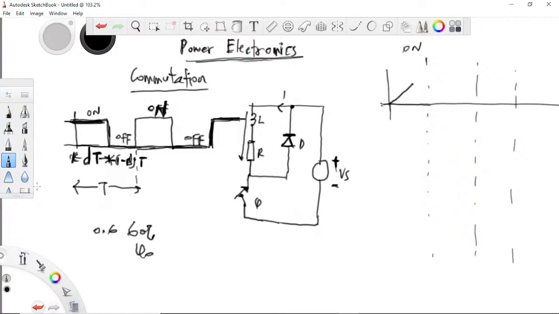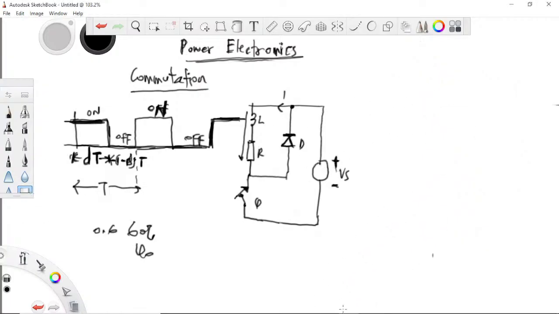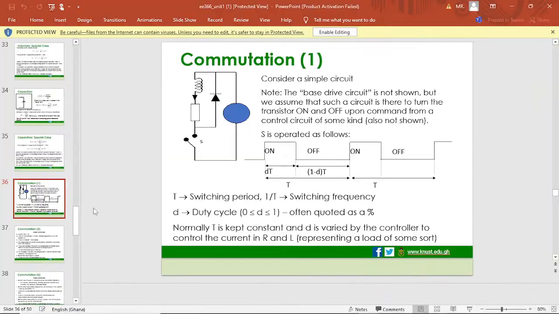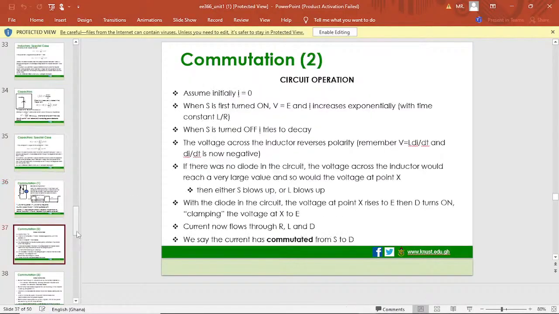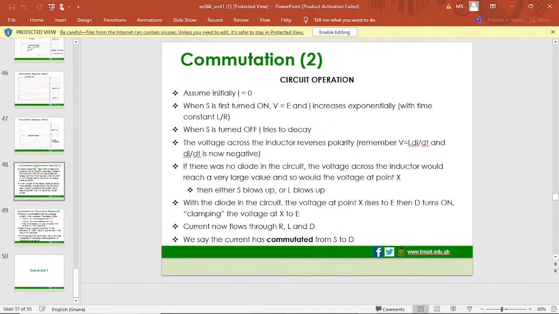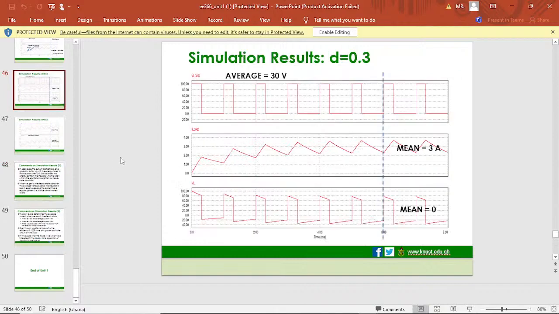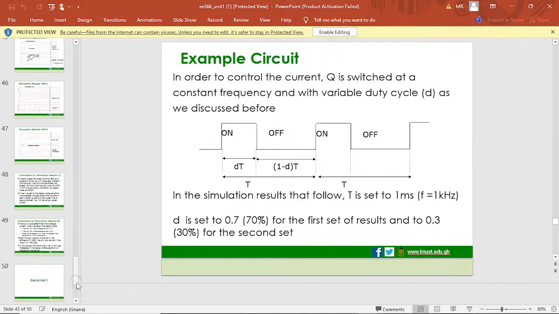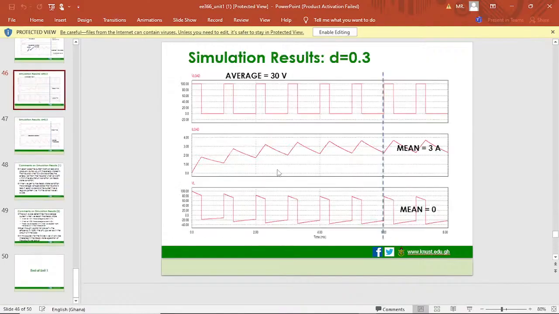Let me explain something first, using a diagram in the slides. So this is what happens.